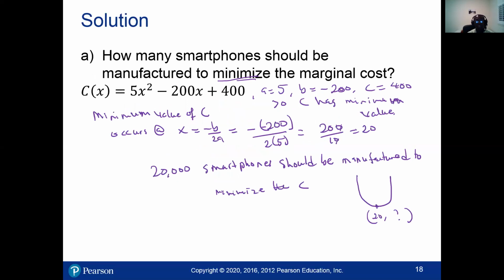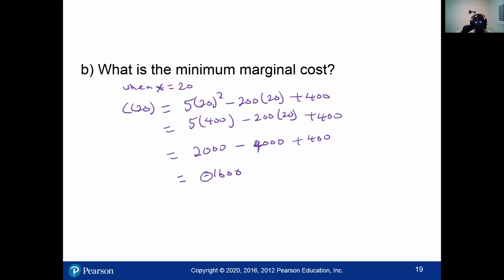So we plug that into the marginal cost function, and that should give us minus 1,600. It's in dollars, so the marginal cost will be this price, that much value.